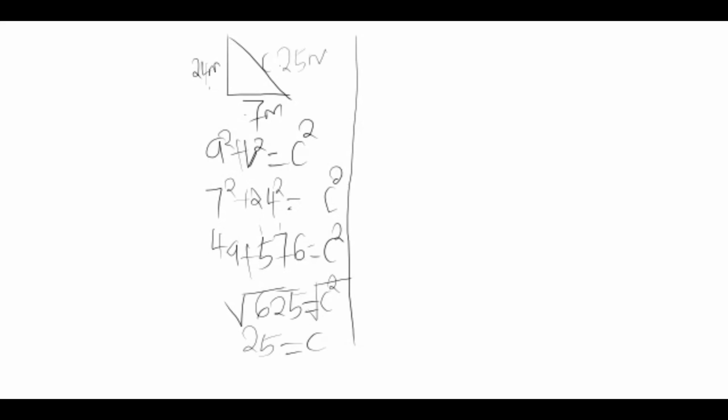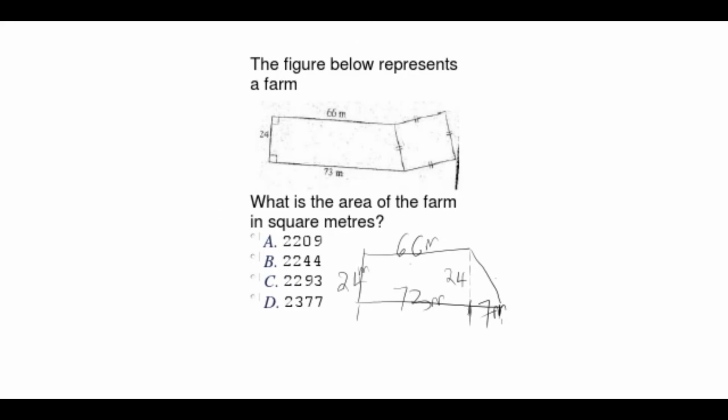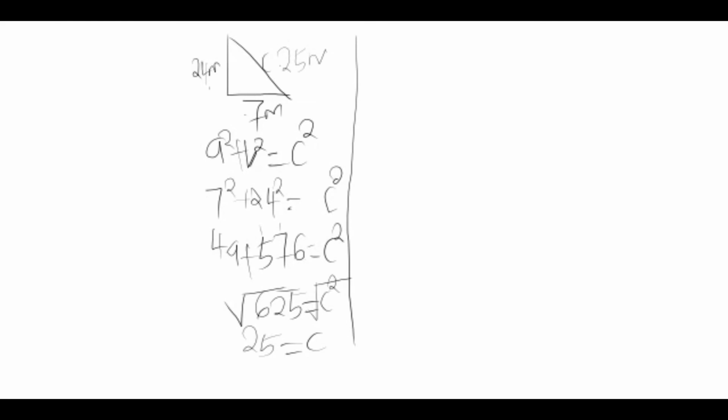Now, from our drawing, we have found out that this is 25, and it means also here will be 25 meters. So we have 25 meters for the square, and we know the sides for the trapezium. So the area of the farm will be given by the area of the trapezium plus the area of the square.